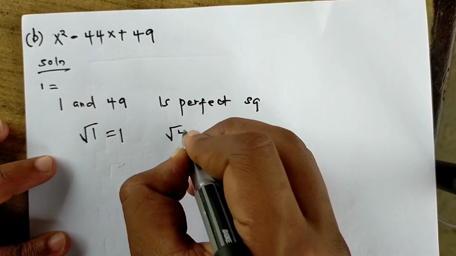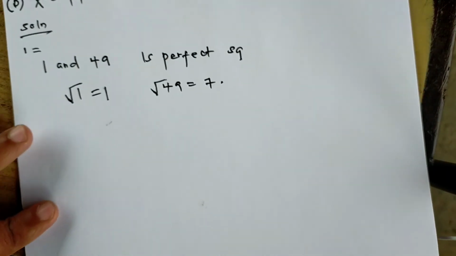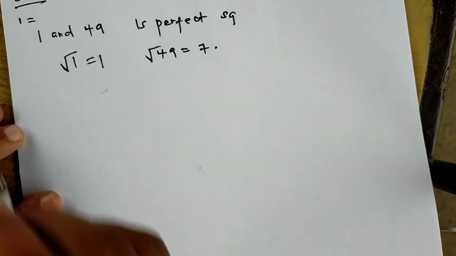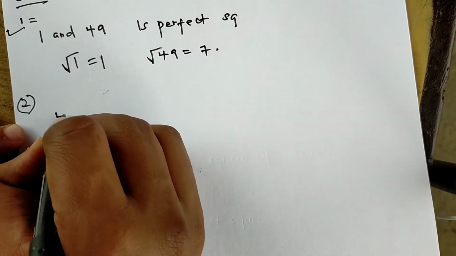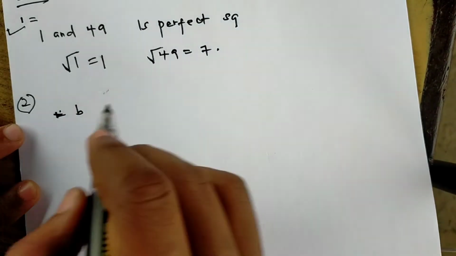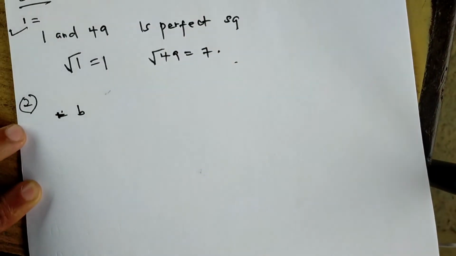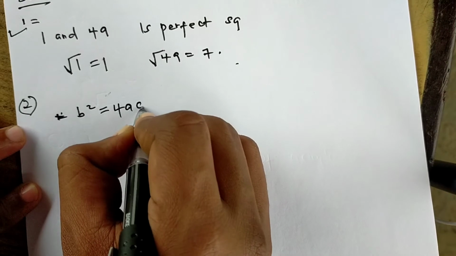The square root of 49 is 7. Condition number 1 is satisfied. For condition number 2, you can't just say that if condition number 1 is correct, a number is a perfect square unless you test condition number 2. b square is equal to 4ac.